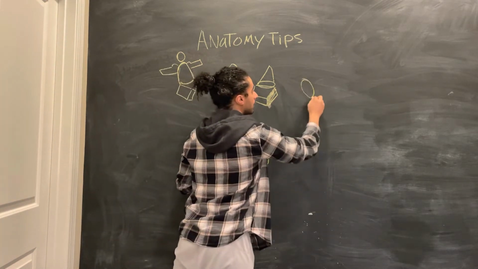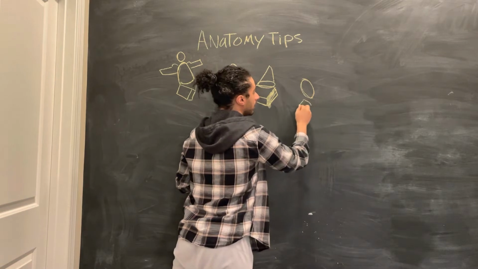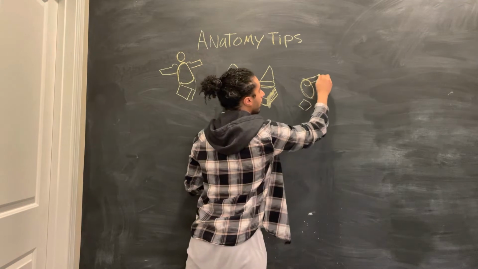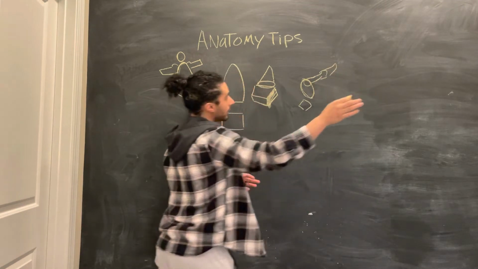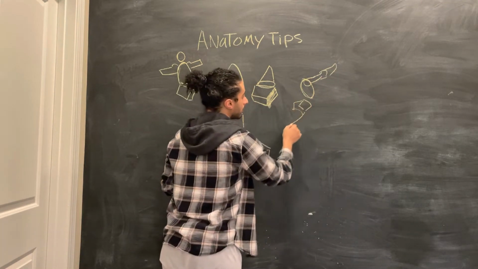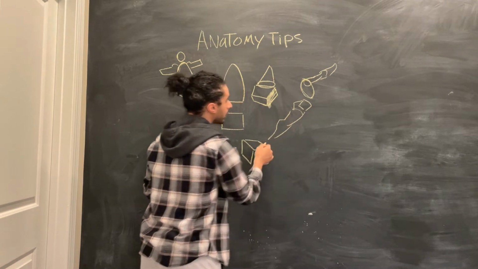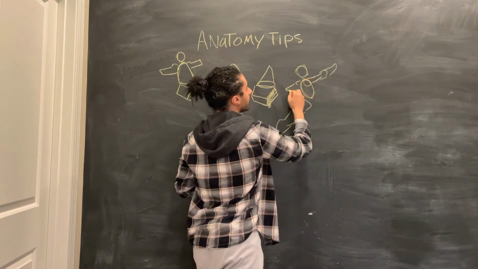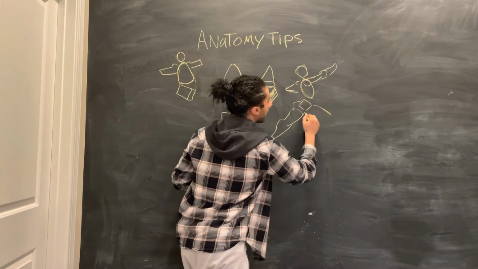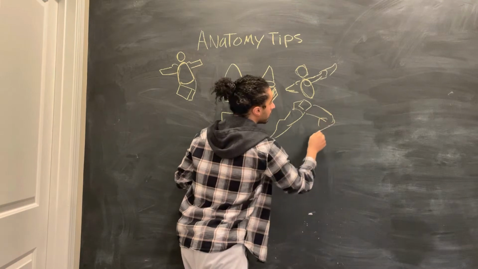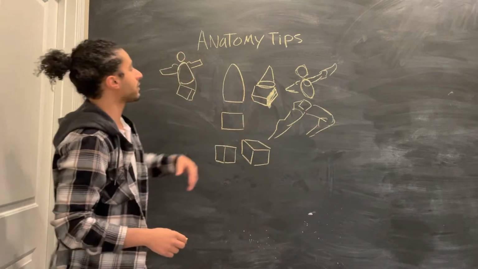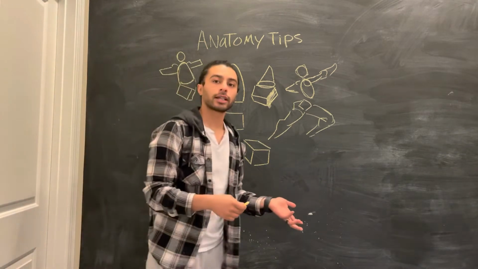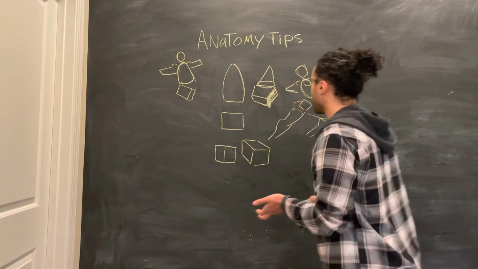If I draw the egg shape here and draw the cube here, then I can put an arm right here, and I'll get into arms later, and I can put a leg right here, put a head, have the other arm come in, have the other leg down to here, and now we're looking like we have somebody who's moving, who's throwing, who's flying, whatever. But this is a good trick. This is a good way to think about stuff.